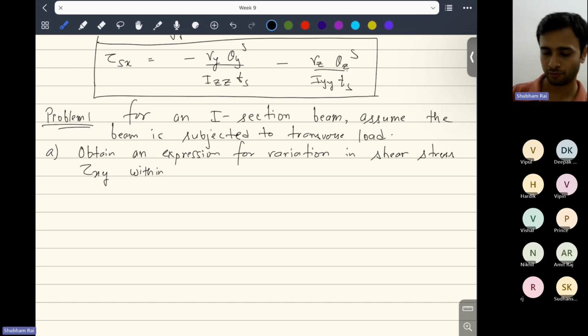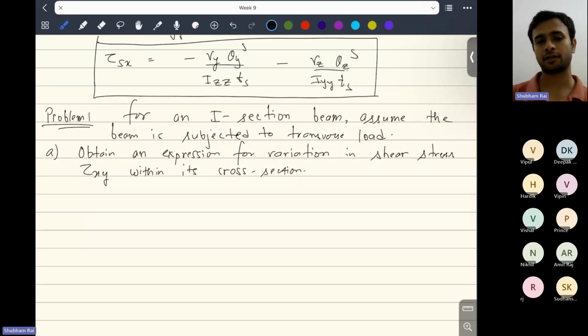And I'll draw the diagram of the I section, don't worry about it. In the first part, you have to find the expression for variation in shear stress.